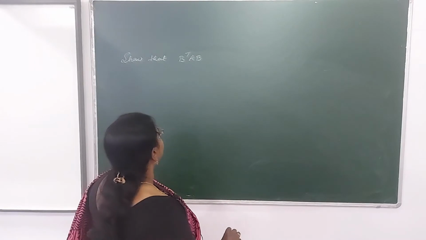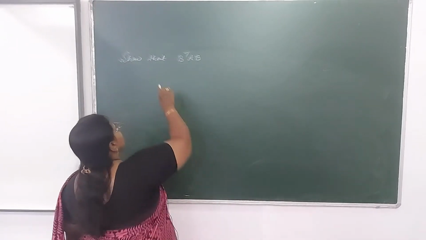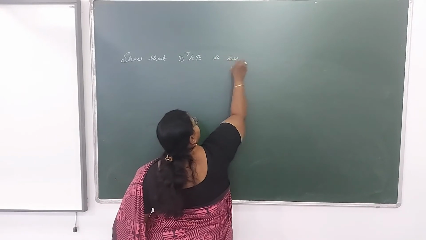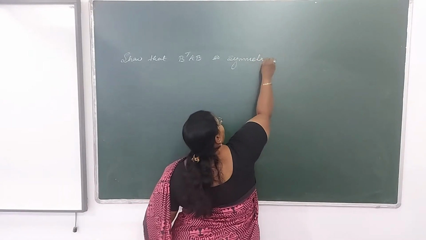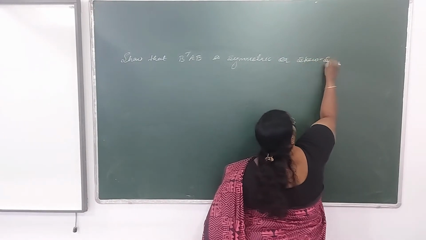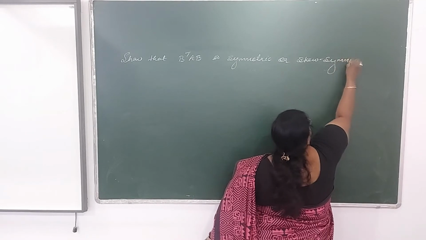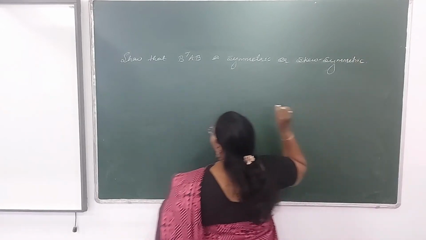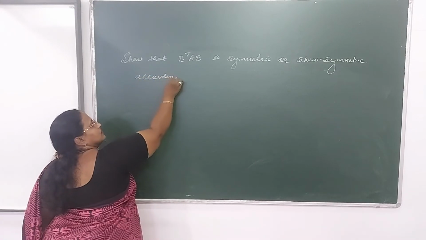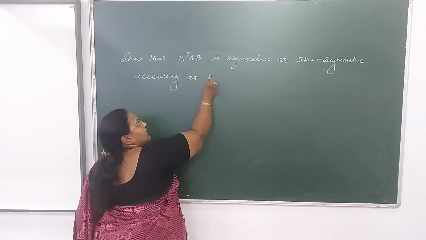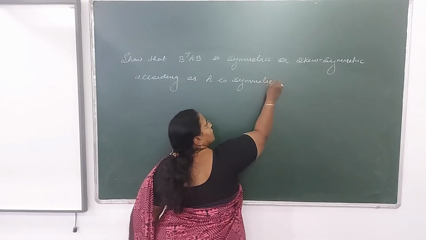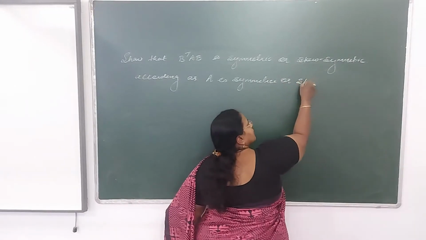Okay, let me again repeat it. Show that B transpose AB is symmetric or skew symmetric according as A is symmetric or skew symmetric.